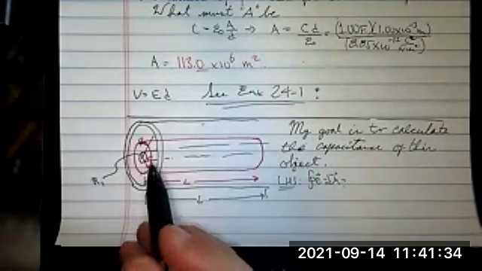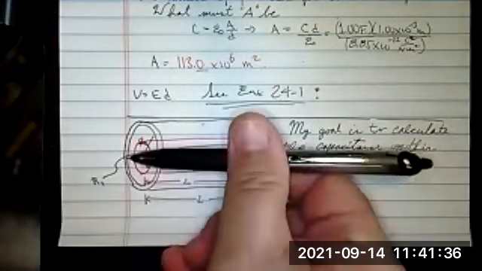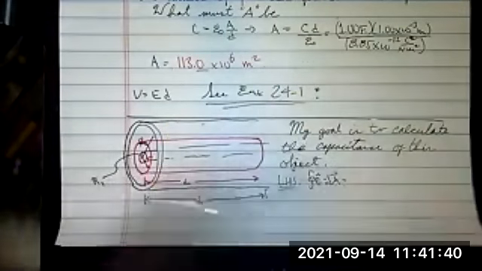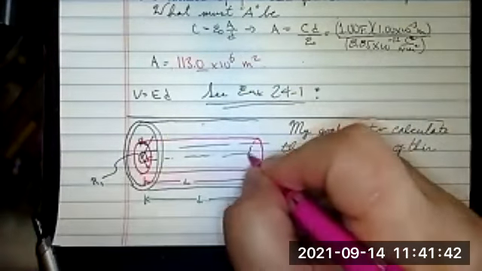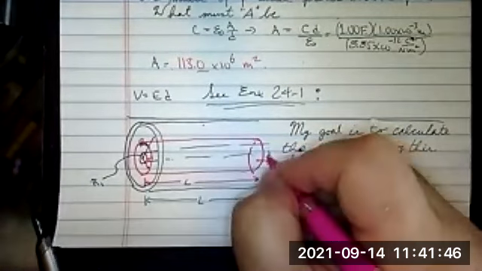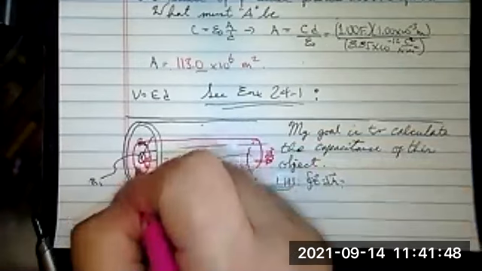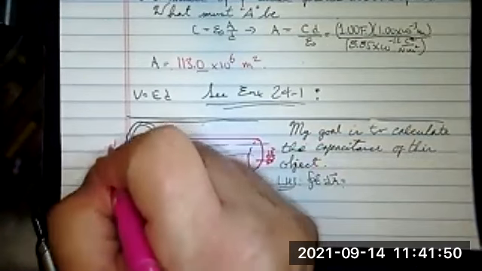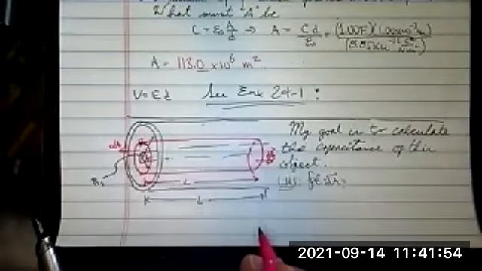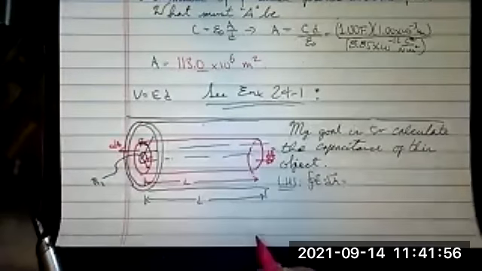And then, of course, the dA on this side would be in the negative k hat direction. And on this end, the dA would be in the positive k hat direction. And of course, the electric field is always in the XY plane, meaning it has no k component.